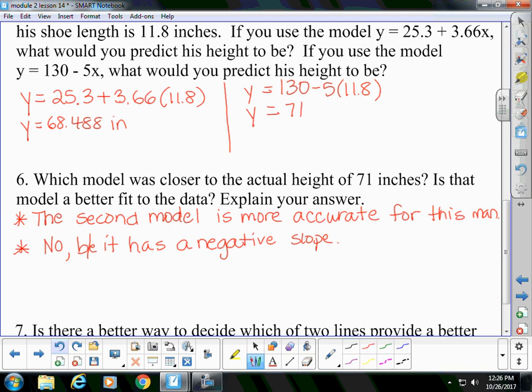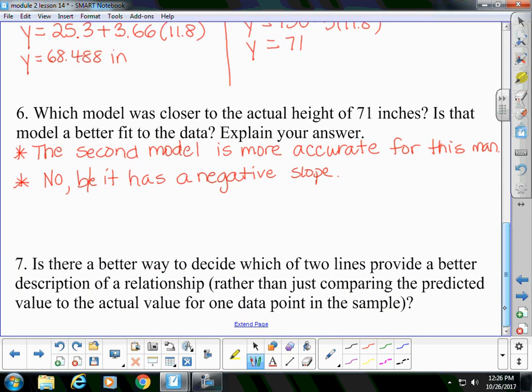So the only reason why it worked for this particular guy, once again, is because that line happened to go through that guy's point.